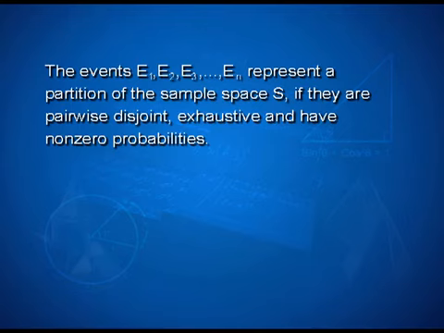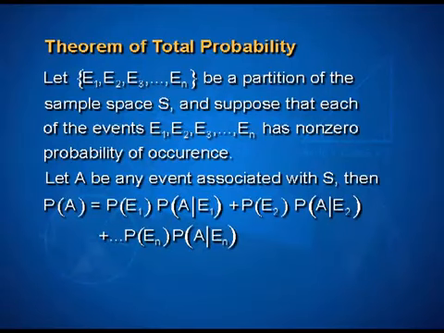So, there is nothing common between events E1, E2 etc., and they exhaust all possibilities and they have non-zero probabilities. In the context of the previous example, E1, E2, En would be nothing but selection of the bag 1 or the bag 2 or the bag 3.